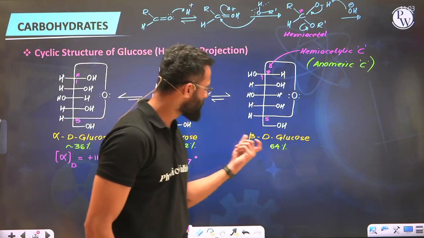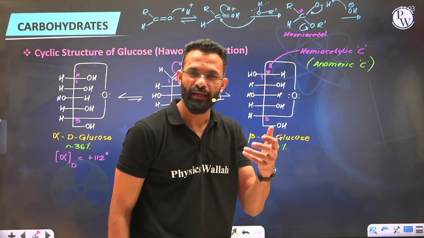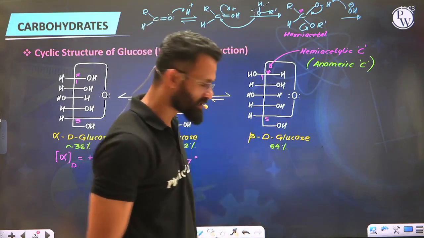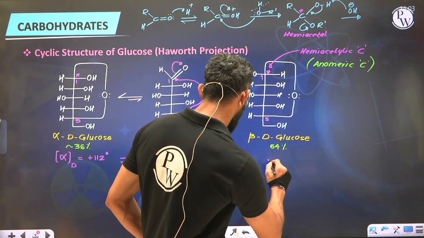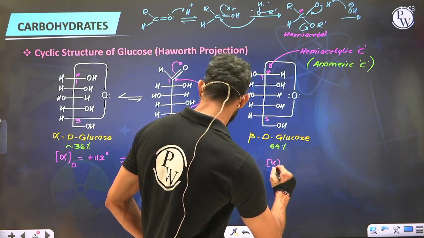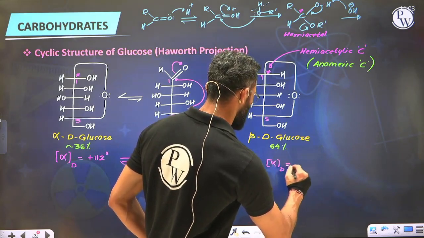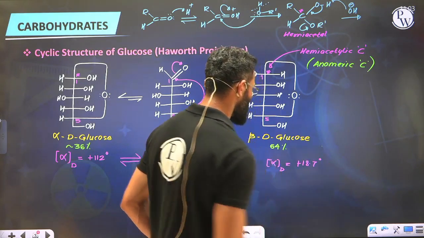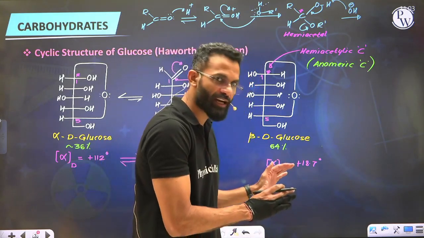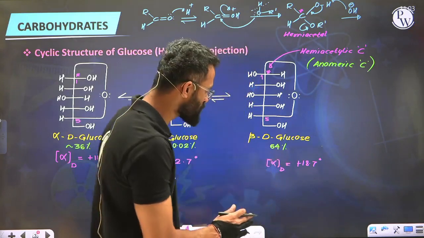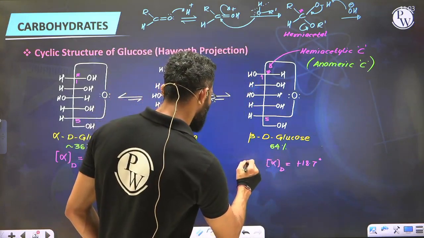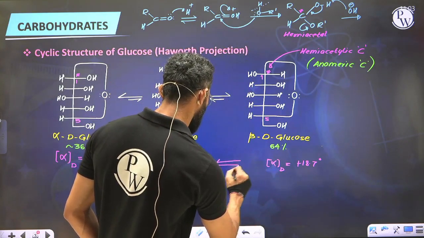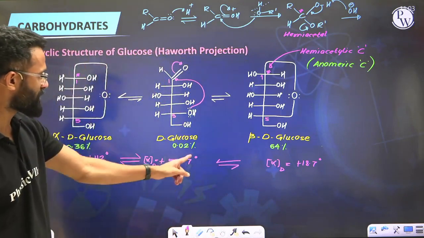Similarly, if you take the crystalline form of beta D-glucose and make a freshly prepared aqueous solution, and check its specific rotation immediately, you'll find it shows a specific rotation of plus 18.7 degrees. But if you let the solution stay for a time, you will find this rotation gradually increases and settles at the value of plus 52.7 degrees.